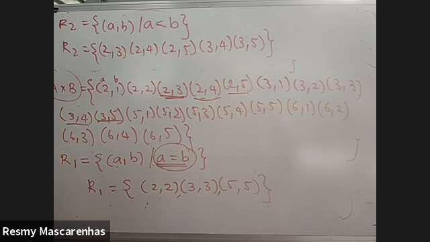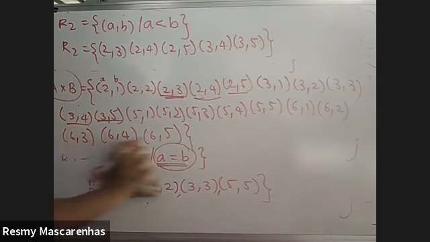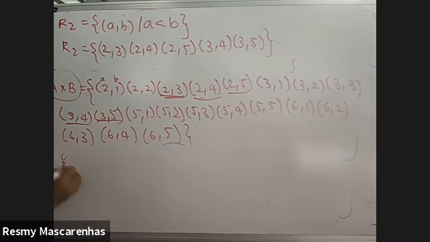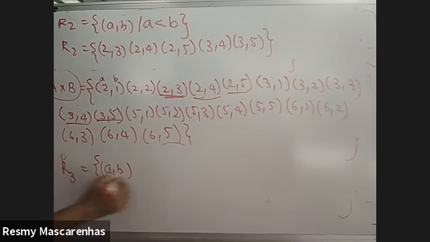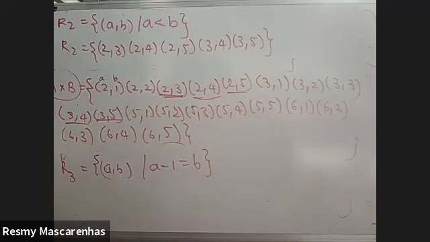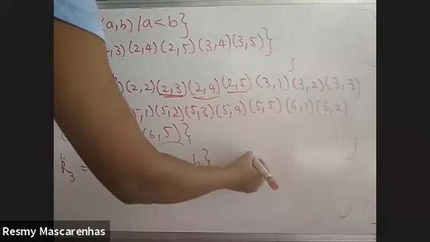Same way, the third one. Second one, anyone having doubt? Third one I'll write here because I need the Cartesian product. R3 is what? Given to you (A, B) where A minus 1 is equal to B. Or you can consider the other way around also.